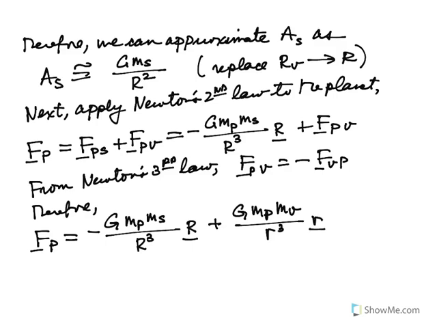And that plus sign comes from the fact that we just used Newton's third law. Now that has to equal the mass of the planet times the acceleration of the planet in the inertial frame, and that is from Newton's second law.